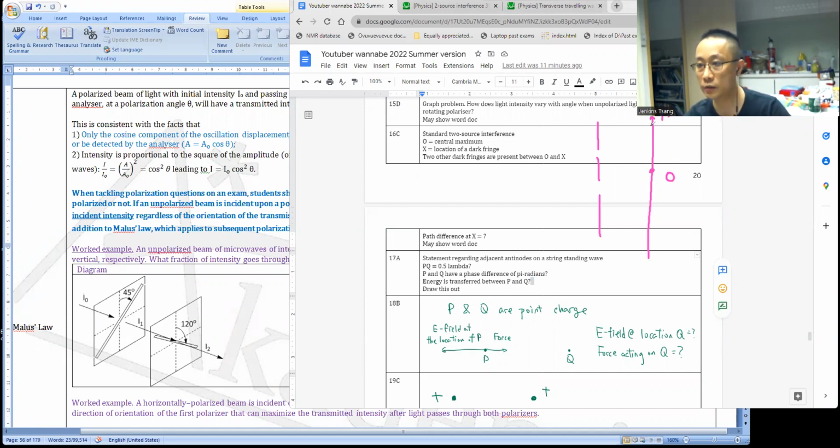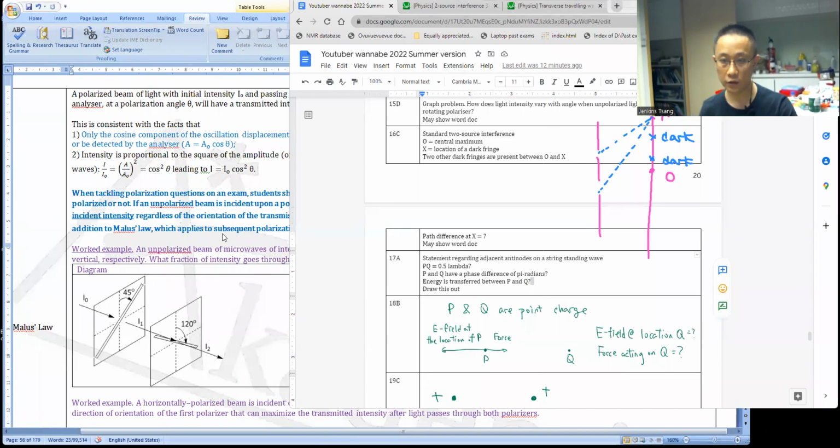It's a dark fringe, and in between O and X there are two other dark fringes. Actually, I probably should draw it more nicely. And then they're asking you the path difference between the two beams of light arriving at point X.